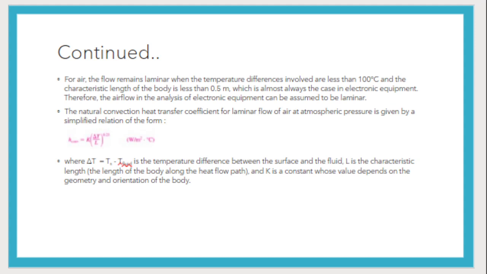The natural convection heat transfer coefficient for laminar flow of air at atmospheric pressure is given by a simplified relation of the form h_convection = K (ΔT/L)^0.25, where ΔT = Ts − T_fluid is the temperature difference between the surface and the fluid, L is the characteristic length, the length of the body along the heat flow path, and K is a constant whose value depends on the geometry and orientation of the body.